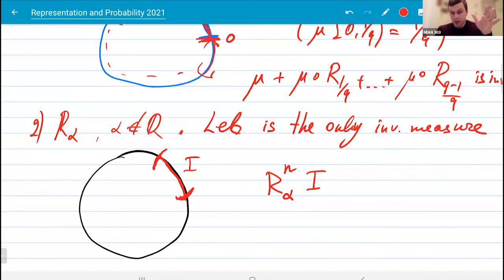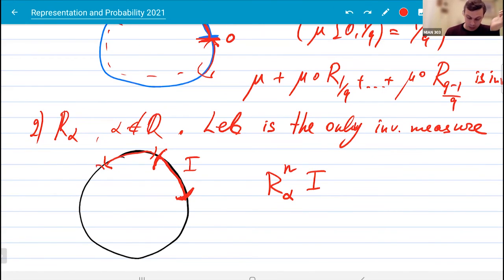So, for example, I take this interval, then I take some shifted interval with a very, very small gap between them. It is possible because alpha is irrational.